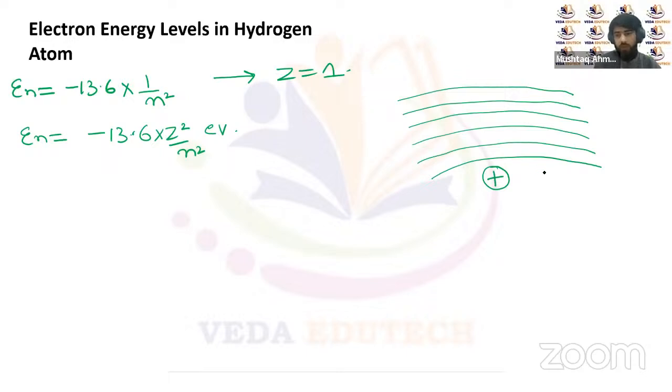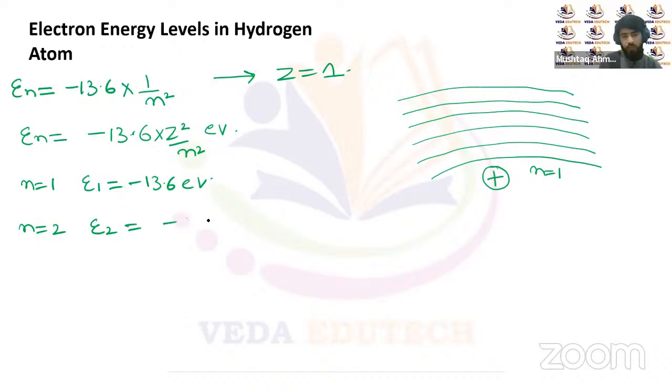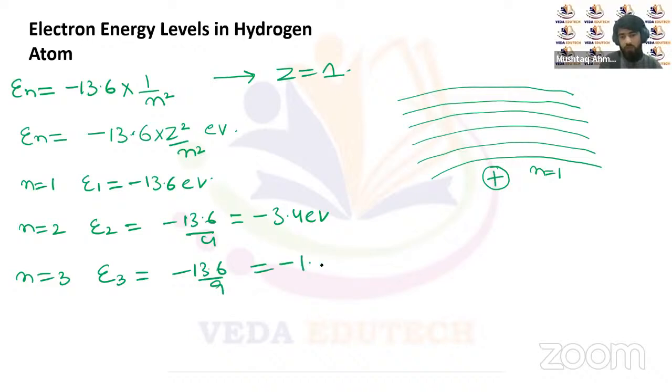For n equal to 1, the E1 will be equal to minus 13.6 electron volt. For n equal to 2, the value of the energy is minus 13.6 upon 4, which is equal to minus 3.4 electron volt. Similarly for n equal to 3, E3 will be minus 13.6 upon 9, approximately minus 1.51 electron volt.